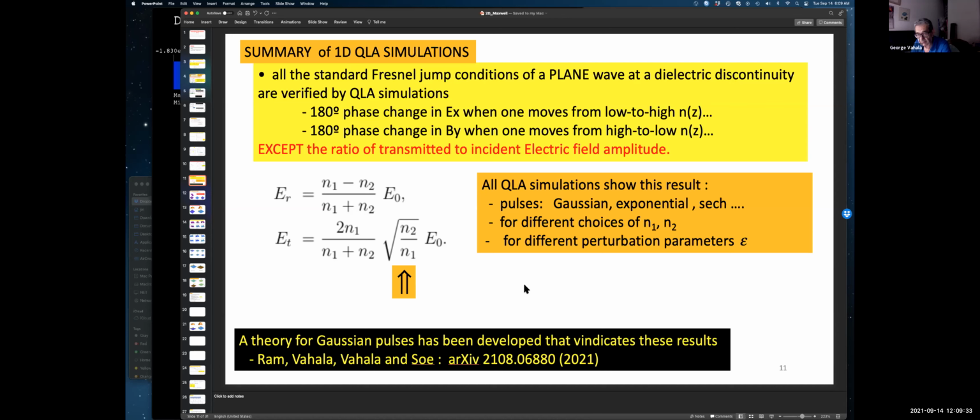We verified this for different pulse geometries, different choices of refractive indices, and different perturbation parameters epsilon. And then we've now developed a theory for Gaussian pulses that in fact shows that you should get this square root of N2 over N1. All the other properties are satisfied to about 4 figures.